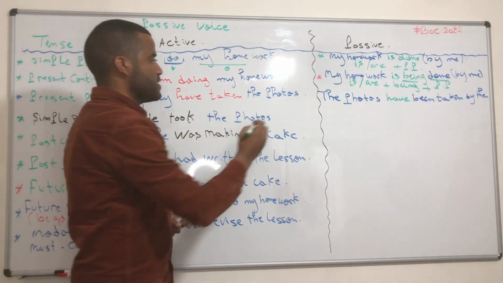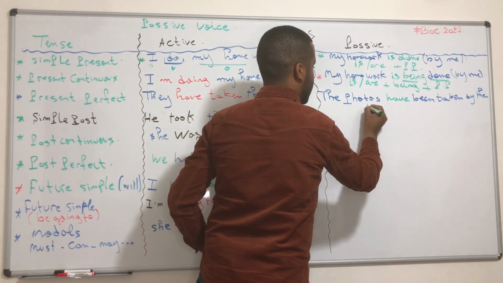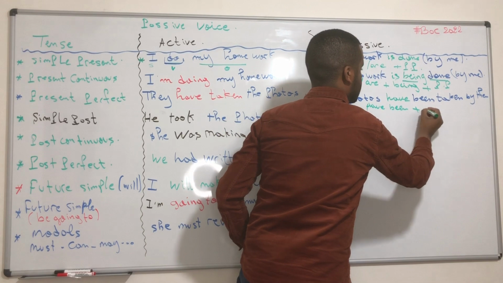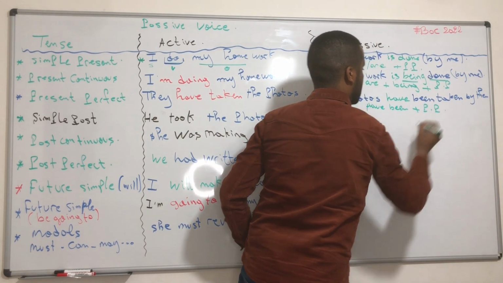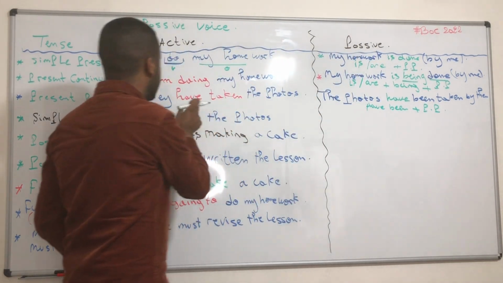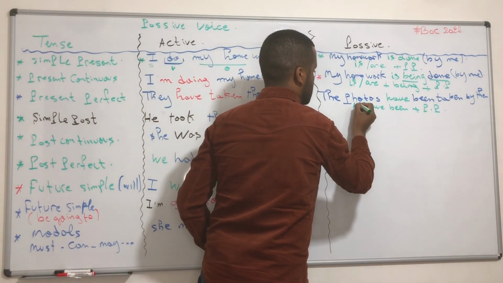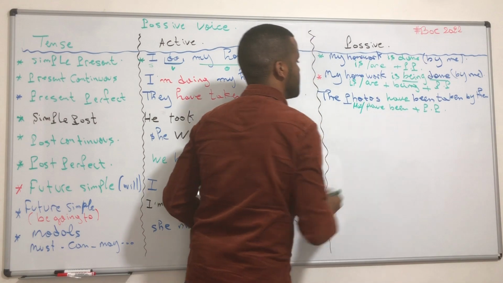Right? Clear. So the rule that we did here: have been plus the past participle of the verb. Whenever you find present perfect, you are going to follow this rule: have or has plus been plus the past participle.